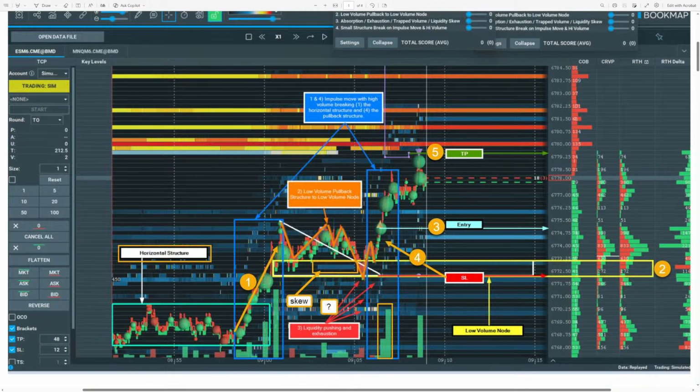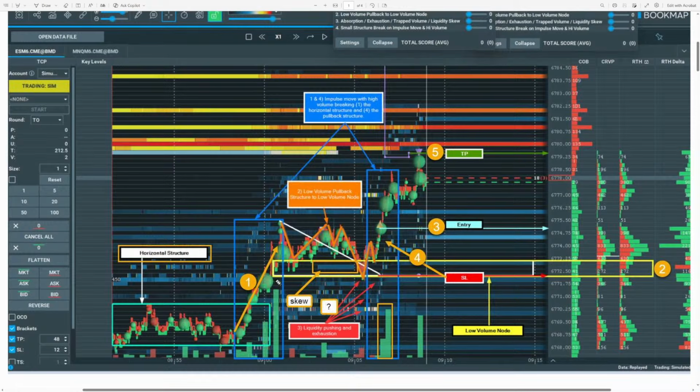Coach John. Okay, so the first thing he does is he recognizes the horizontal structure, and then he sees the breakout of that structure, and he sees it with both price advance and volume in the volume delta bars. So that's a great way to identify that as being a true breakout, right?